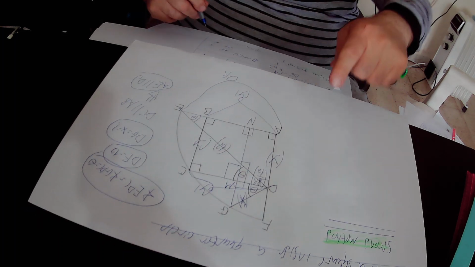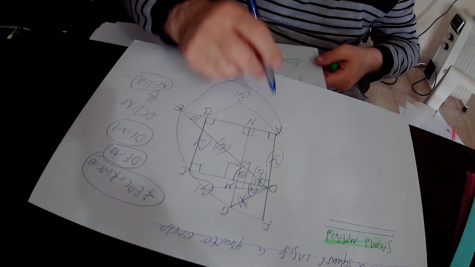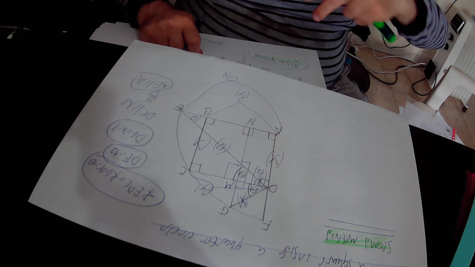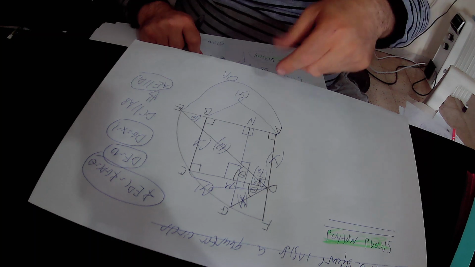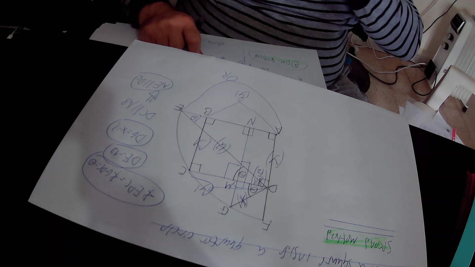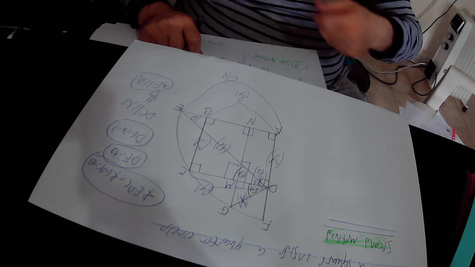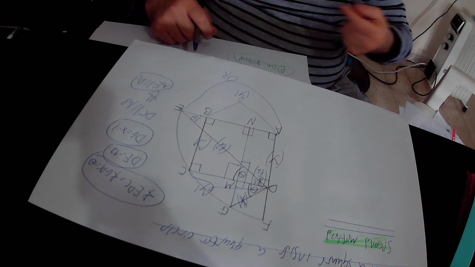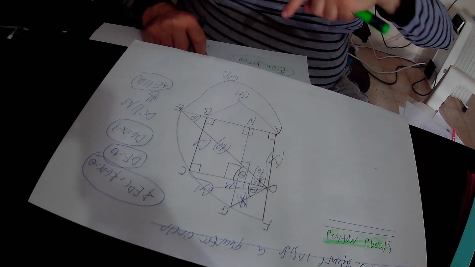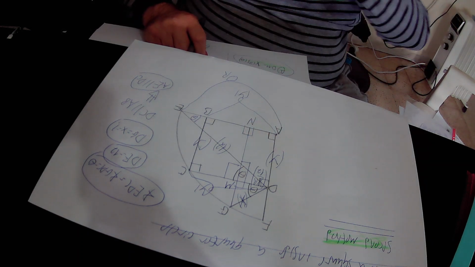But because DMAN is a quadrilateral with four right angles, and any quadrilateral that has four right angles must be a rectangle or a square, we'll refer to this quadrilateral DMAN as a rectangle, and we know that the opposite sides of a rectangle are equal to each other.